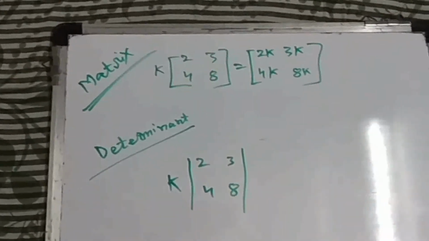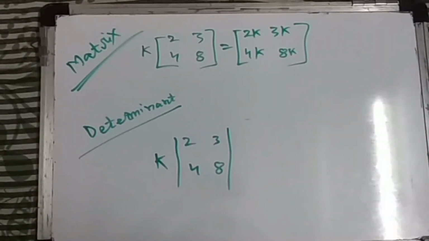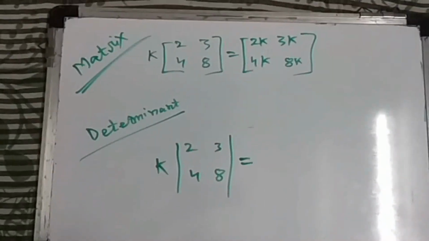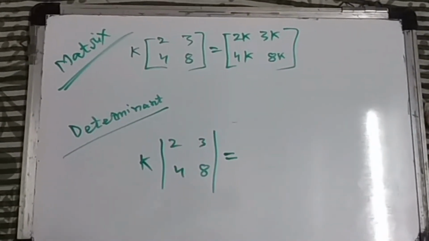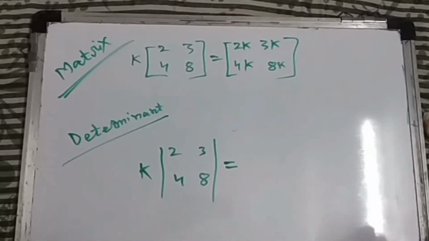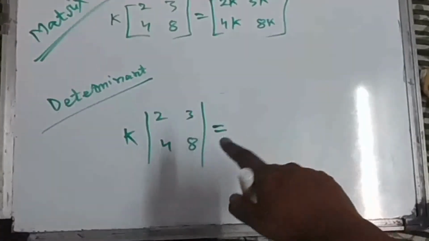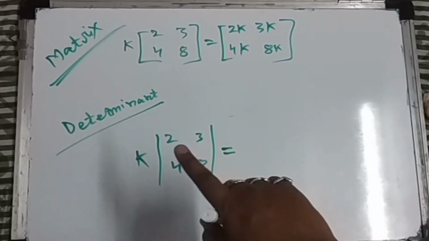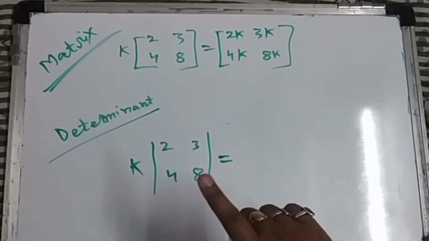Now I am multiplying k with the determinant of this matrix. So here the rule will be the same as I told you in scalar multiplication. Here it will not be multiplied with all the elements, like in the matrix where I multiplied all the elements. It will be multiplied in any row or in any column, that is your choice.